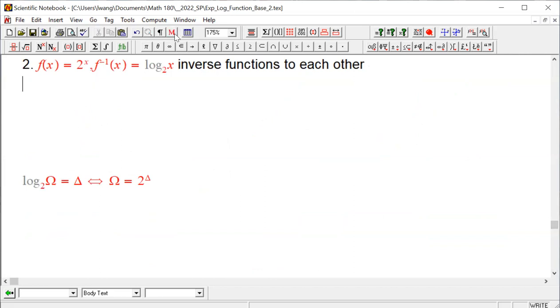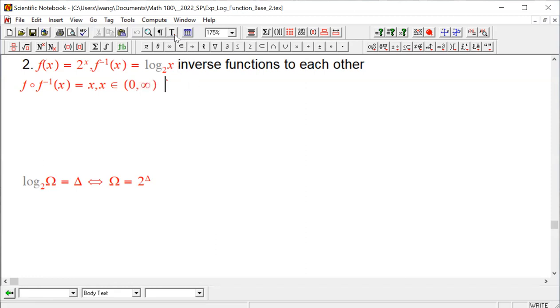And the composition, F composite F inverse of x, and this x should be from the domain of logarithm base 2, should equal to x, where x is from the domain of log base 2 x, which is 0 to positive infinity.